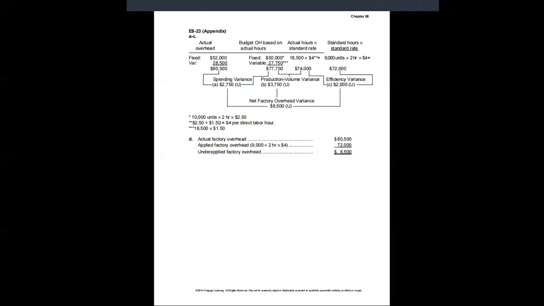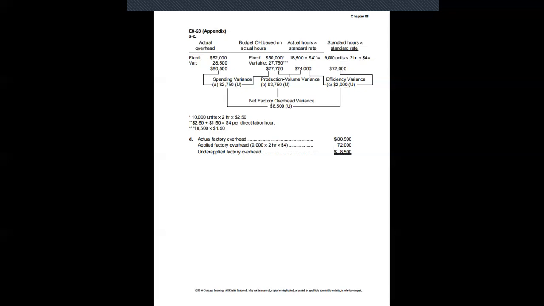Okay, so we now get 18,500 times 1.50. That gives us 27,750. And the actual hours times standard rate, you get 18,500 times 4. And we have now 74,000.